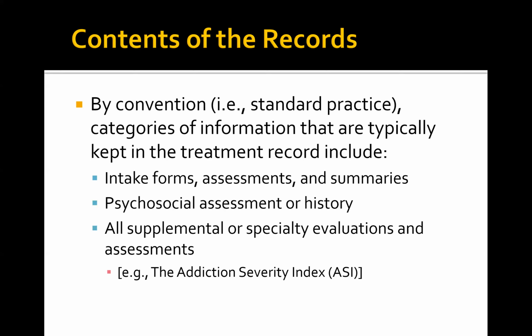This is getting detail about the client, their family history, where they grew up, was there substance use in their family, things like that. Supplementary or specialty evaluations and assessments. For example, most substance use treatment facilities use the Addiction Severity Index or the ASI as part of their intake. So if you're working at an agency that uses the ASI, you're going to include that.